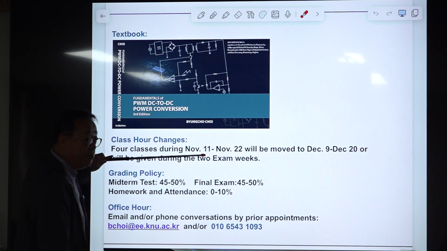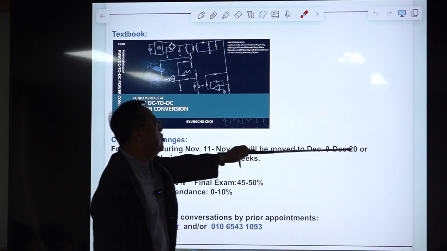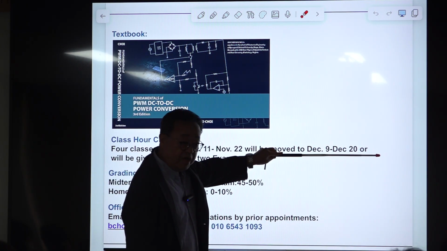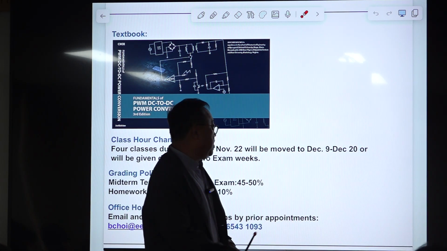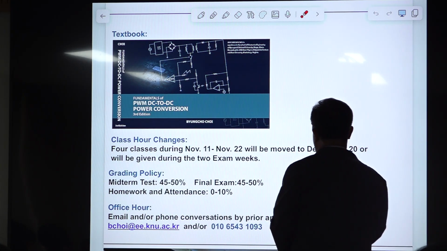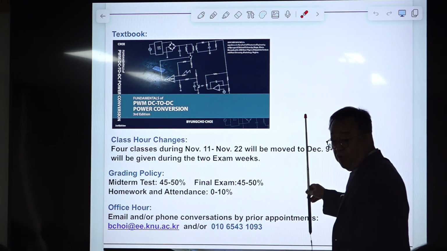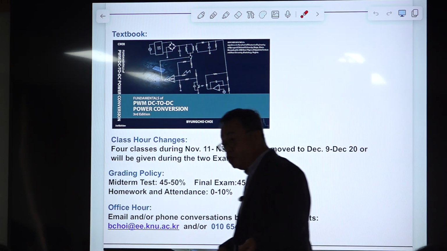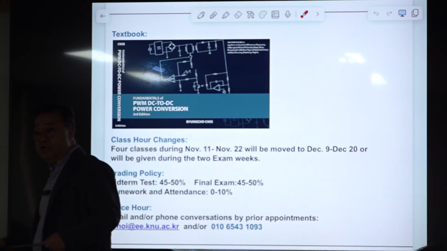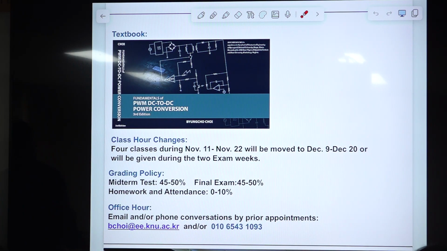If that is impossible, then we have 4 classes here. Usually, I end everything before December or before June in general, without skipping any classes. So that's the first thing you should know.